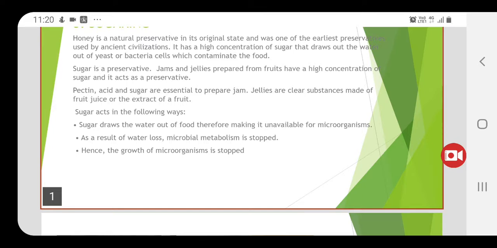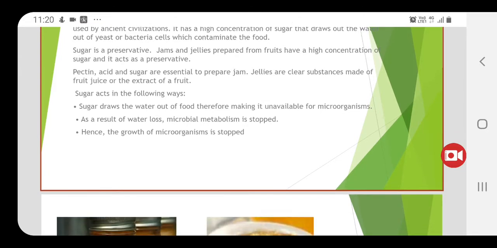How does sugar act? Sugar draws the water out of food, therefore making it unavailable for microorganisms. If the water is not available for the microorganisms, they don't grow.